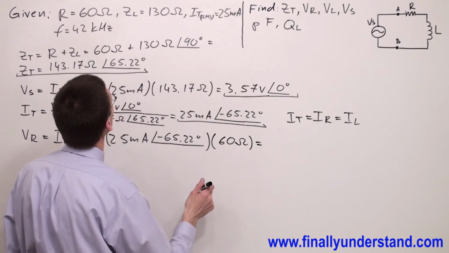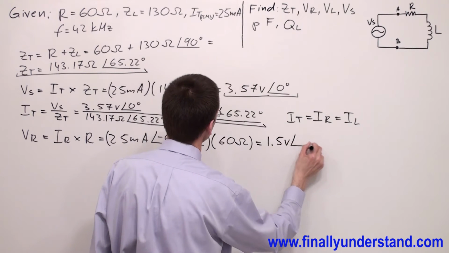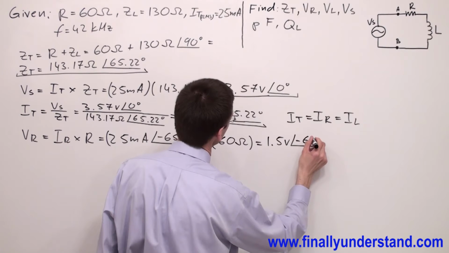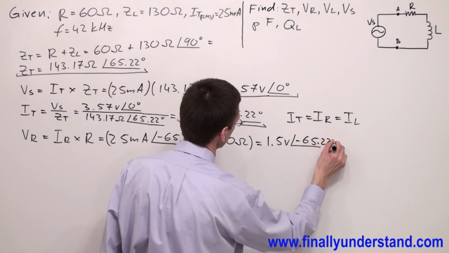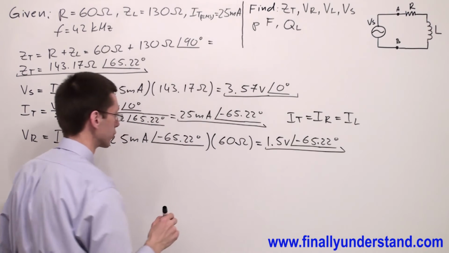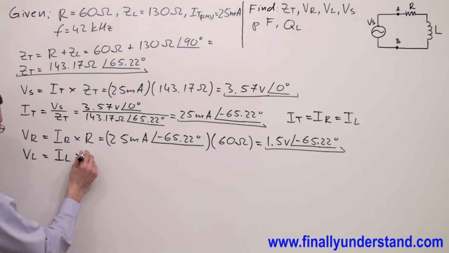So everything is equal to 1.5 volts and angle of negative 65.22 degrees. Okay, so this is voltage across the resistor. Next, I'm supposed to find voltage across the inductor. VL is equal to IL times ZL.